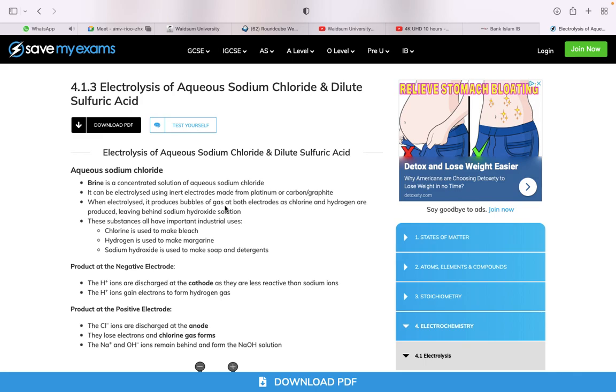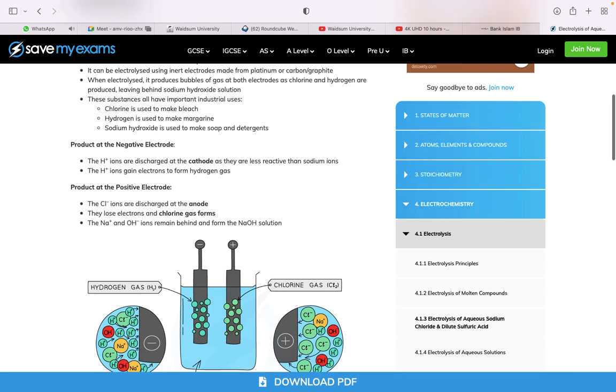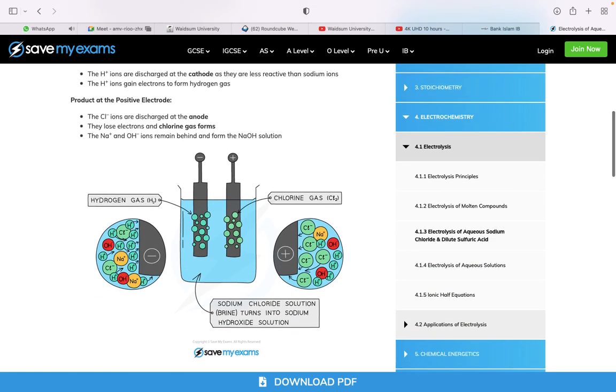Like I said, if you look at the electrolyte, there are 2 positive and 2 negative ions. If you come to this diagram, the 2 positive ions are sodium ion, Na plus, and hydrogen plus ions.